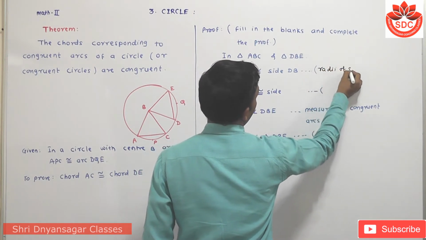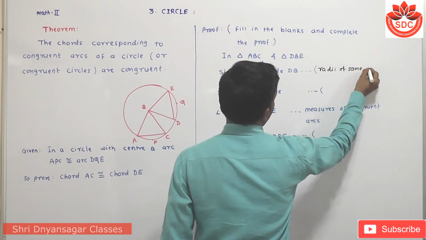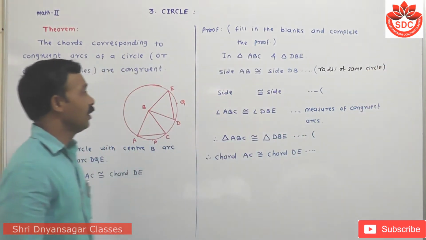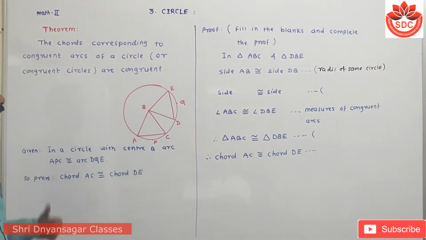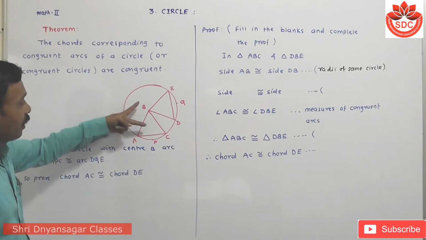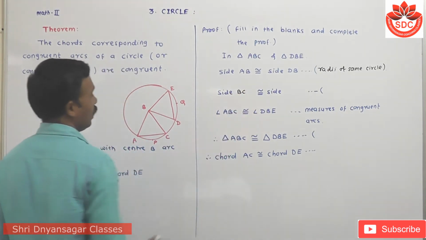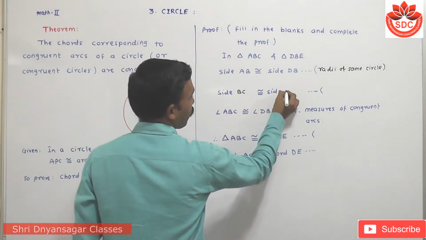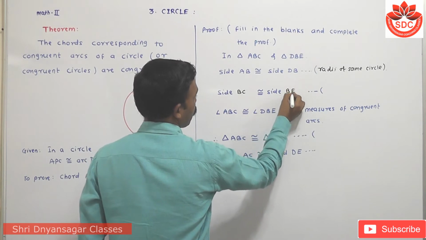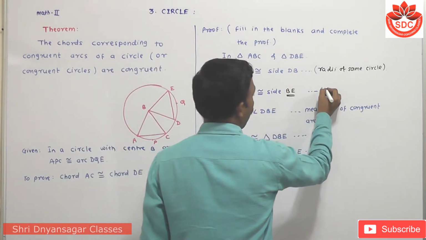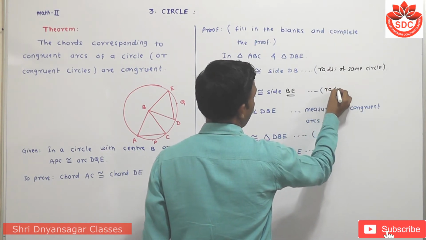Then the next one, you take another side also here. The second one is segment BC, meaning side BC is congruent with side BE. Again, radii of same circle.